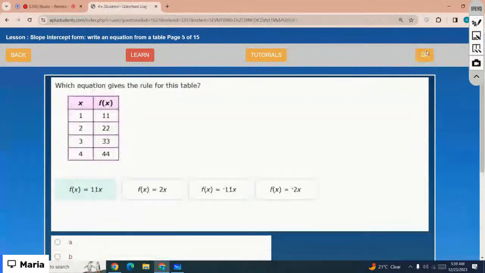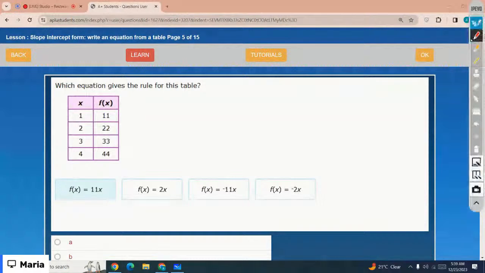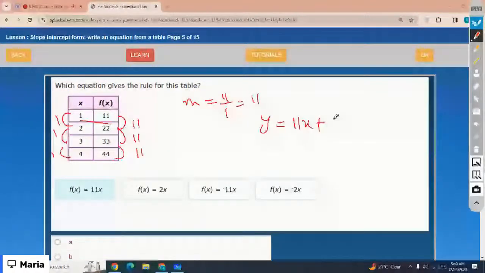Okay. Which equation gives the rule for the table? You have to see which is the correct option. First calculate the slope: change in x and change in y. 22 minus 11 is 11, 33 minus 22 is 11, so the y values are changing by 11, and 2 minus 1 is 1. Now for the y-intercept, use any point and the slope: y equals 11x plus b.